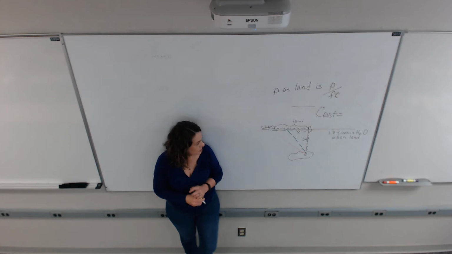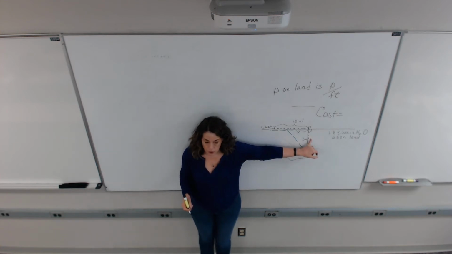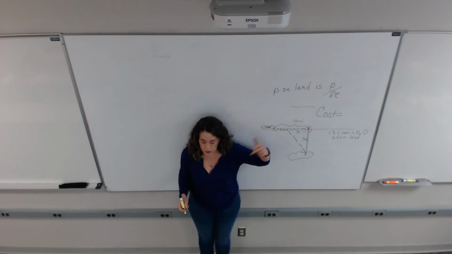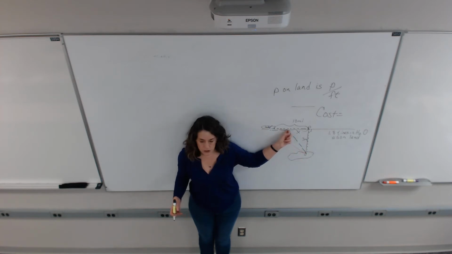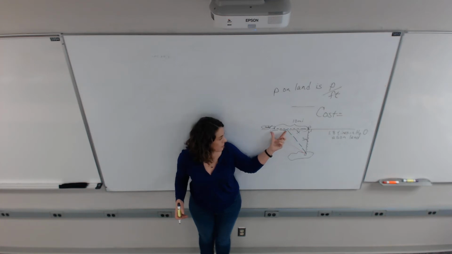Now, if it turns out to be the red or the purple, I'll know because my X value will either be 0 or 10 miles. But I'm going to assume it does the green. So it goes from the island at some angle, hits the shoreline, and then travels the rest of the distance over here.